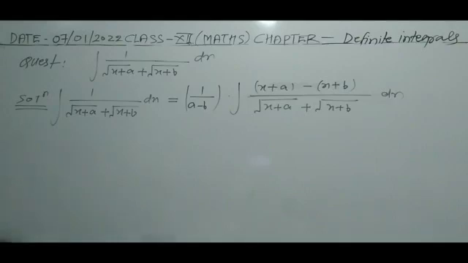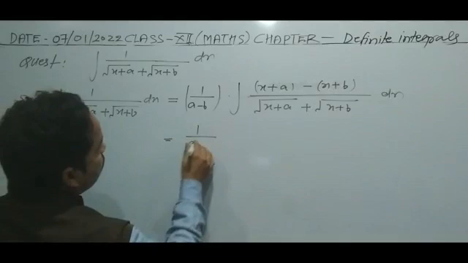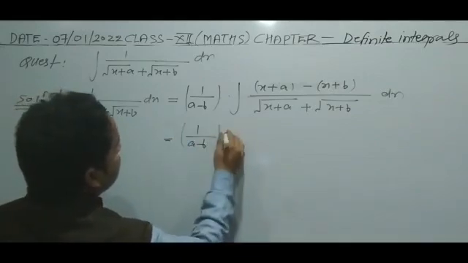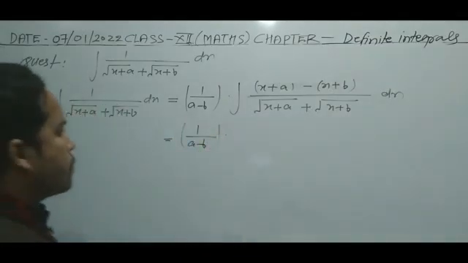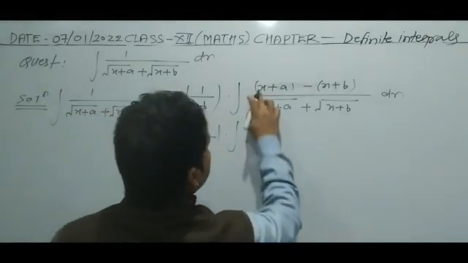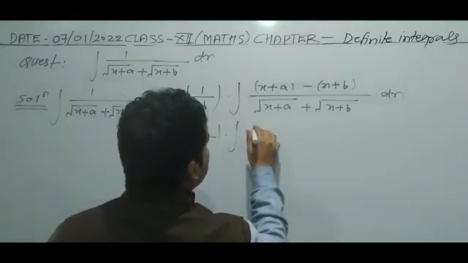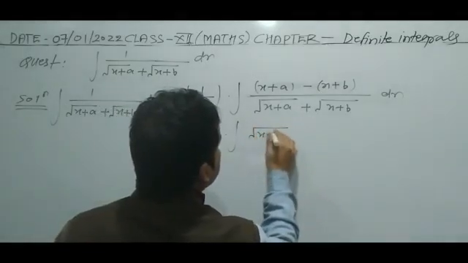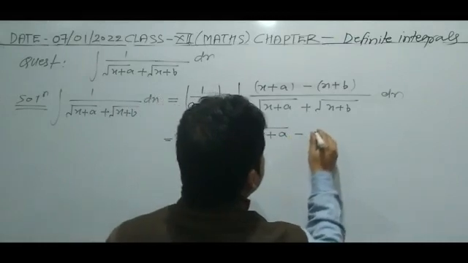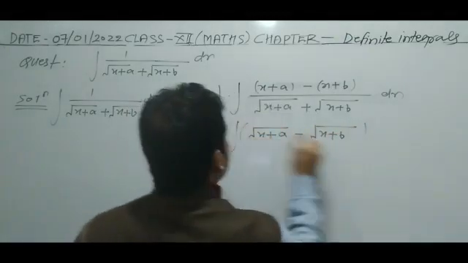Now you will see this expression 1 upon a minus b into integration over, when you apply the a minus b and a plus b formula, the result is root over x plus a minus root over x plus b, now whole dx.